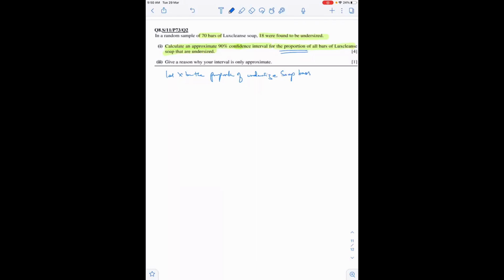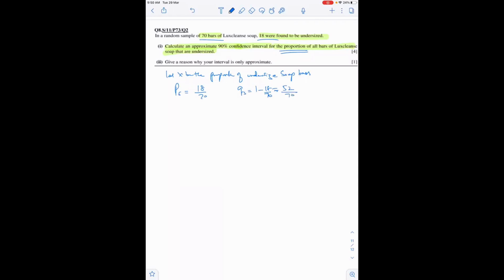Now we have to write down the proportion of the sample, which is 18 out of 70. So QS is going to be 1 minus 18 out of 70, which is 52 upon 70.